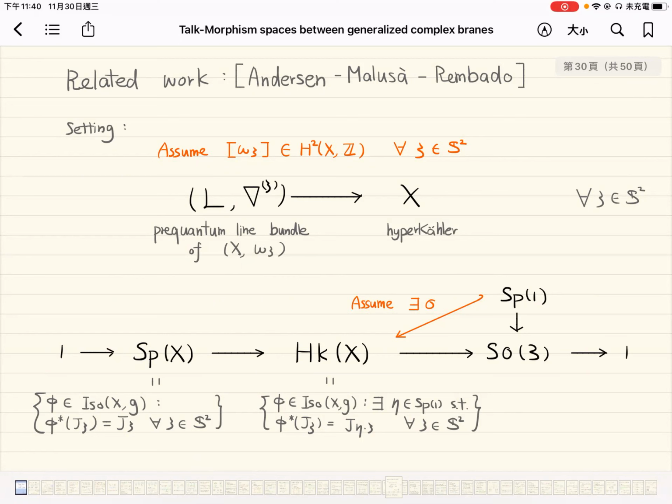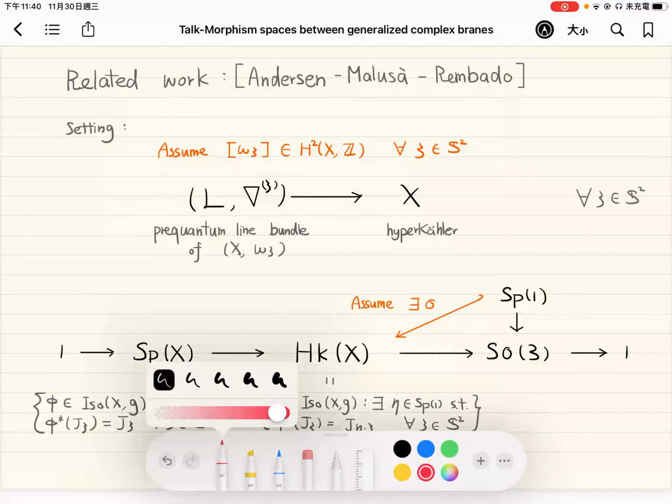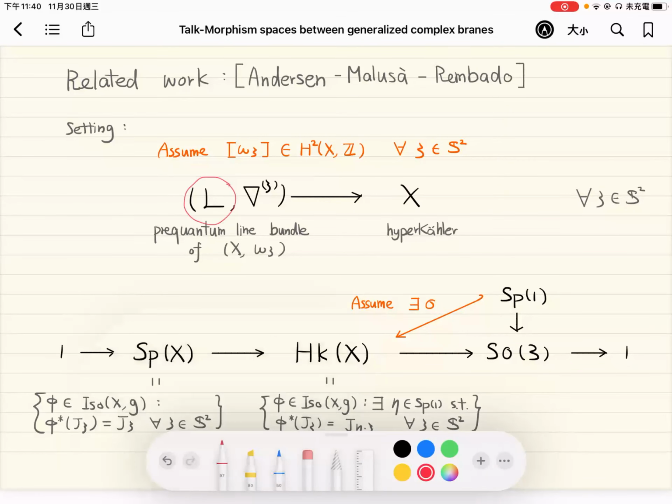So in the setting, they assume that all the Kähler classes are integral. So by the description of the second cohomology of X in the integer coefficient, you can see that we can find a single Hermitian line bundle L, whose first Chern class is equal to all the Kähler classes, because all the Kähler classes must be the same.